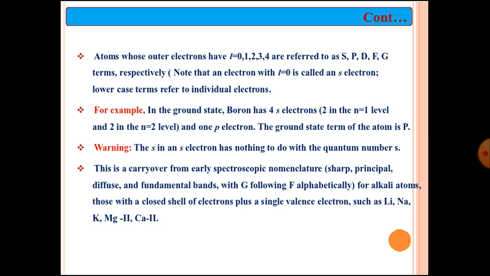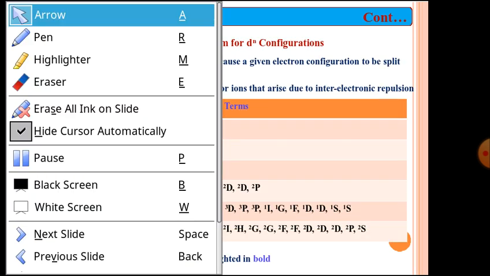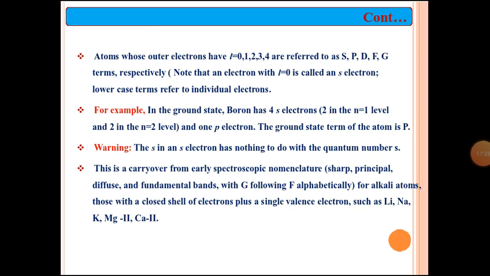For example, in the ground state, boron has 4 electrons in the n equal to 1 and n equal to 2 levels and 1 p electron, so the ground state term of the atom is P. Warning: the S in an S electron has nothing to do with the quantum number S; this is a carryover from early spectroscopic nomenclature.